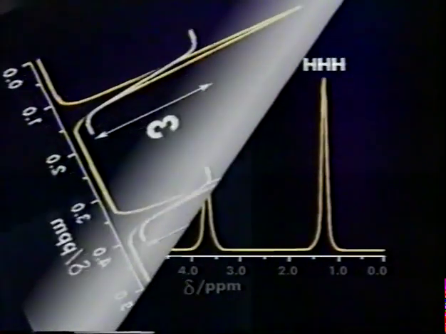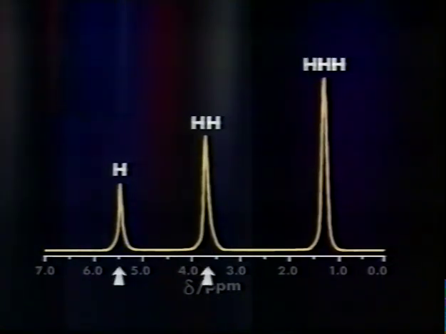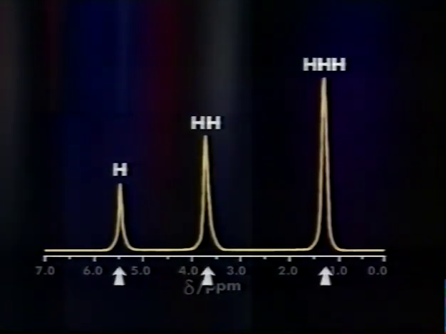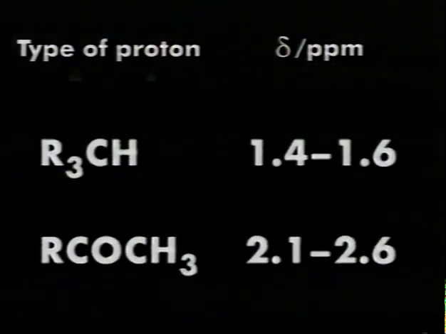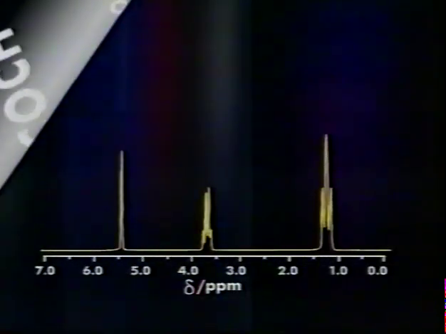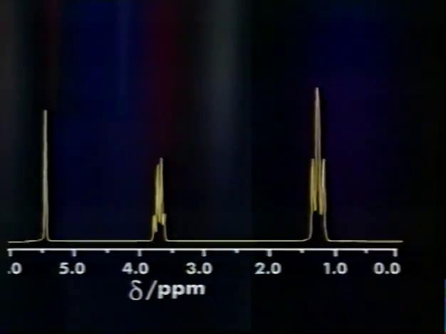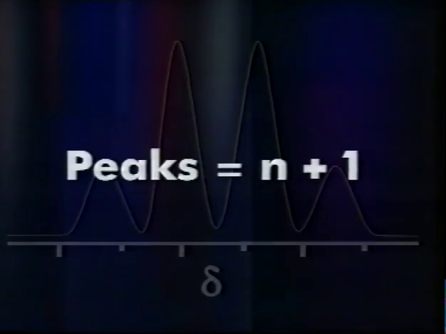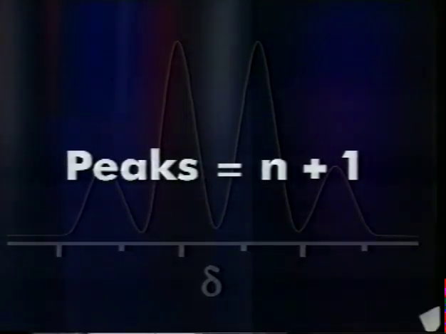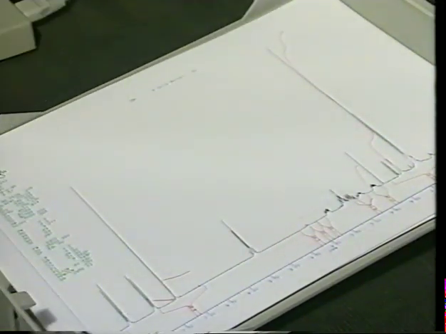The chemical shift, the position of each peak on the delta scale, gives clues about the environment of each kind of proton. Finally, the splitting of an absorption into several peaks, due to spin-spin coupling, provides information about neighboring groups. Remember the n plus 1 rule. From all this information, the detailed structure of a molecule can be determined.